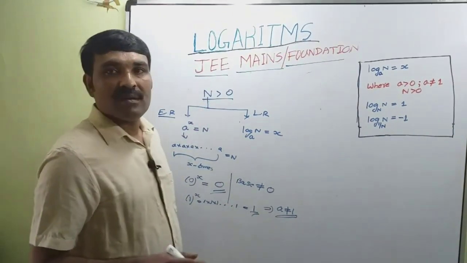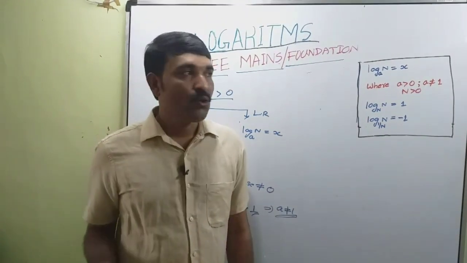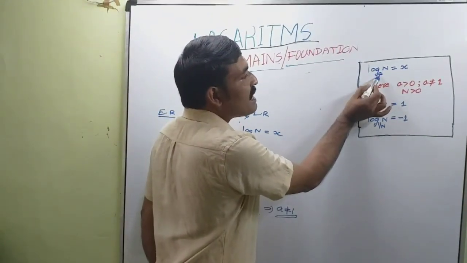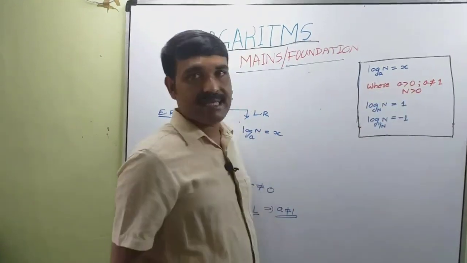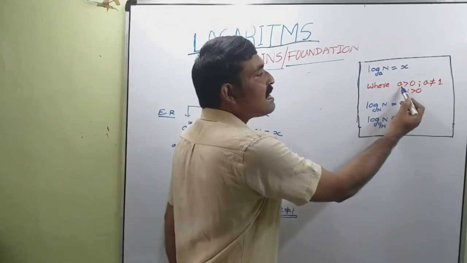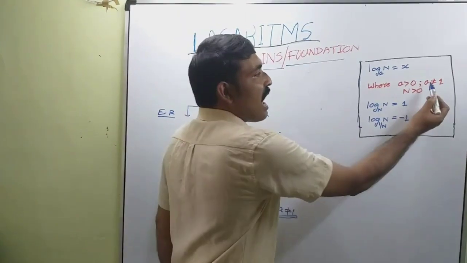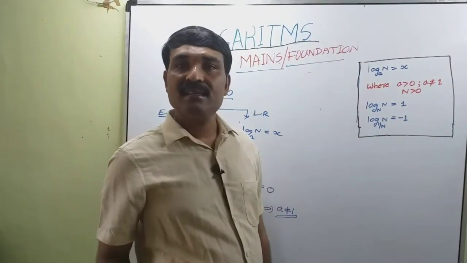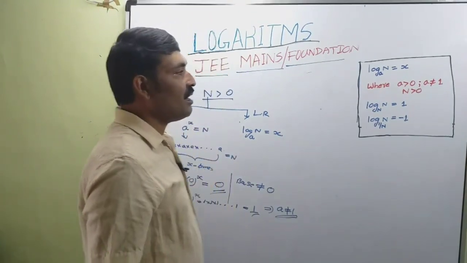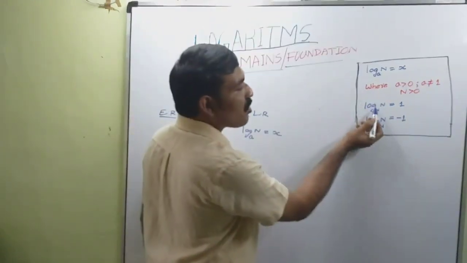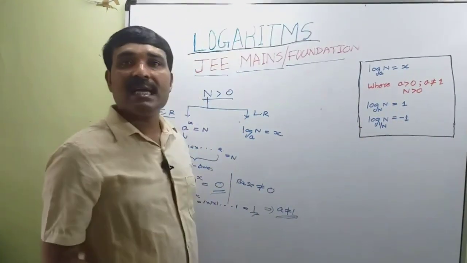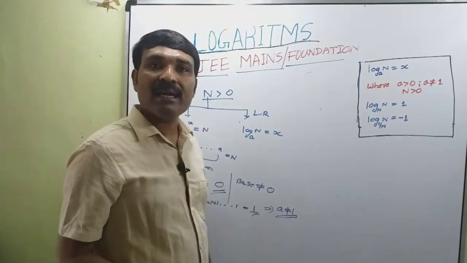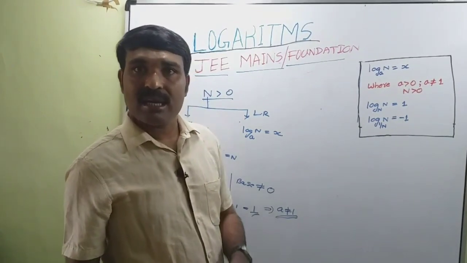So we can conclude logarithm of n to the base a is equal to x, where a is greater than 0, a not equal to 1, and n greater than 0. Now consider log n to the base n. What does that indicate? That indicates n is multiplying how many times to get n.